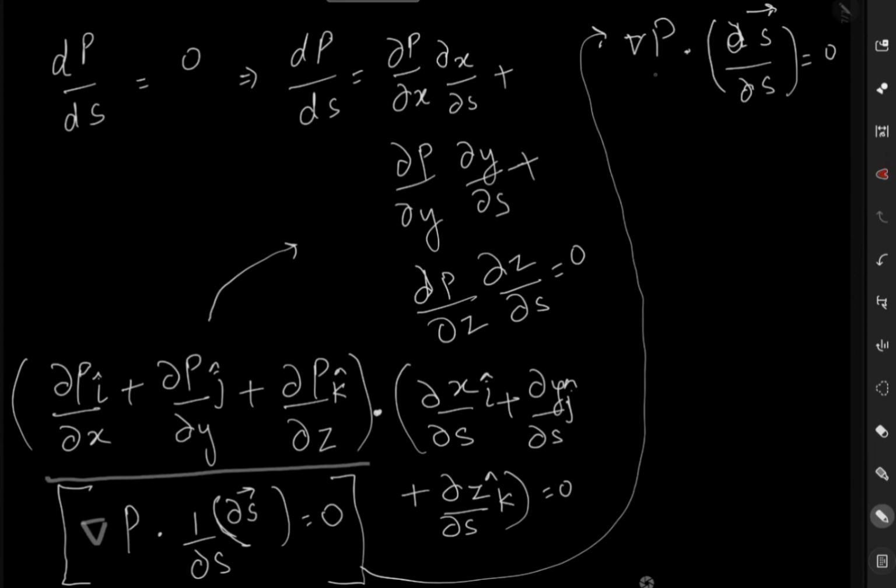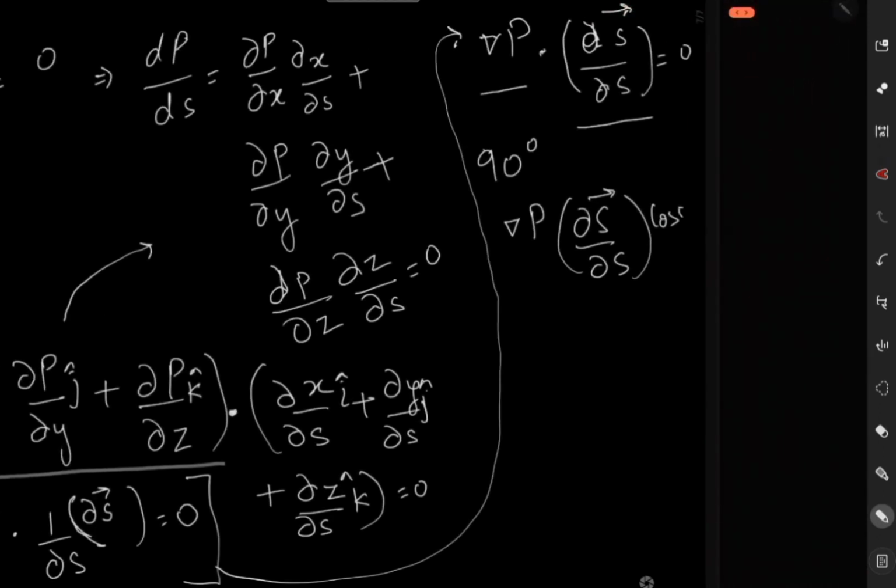This implies that the angle between gradient p and vector ds is 90 degrees, because del p by del s cos theta is equal to 0, which implies theta is equal to 90 degrees.